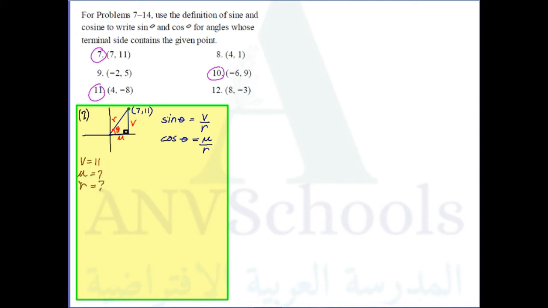We are going to use the Pythagorean formula: a squared plus b squared is equal to c squared. In this case, u squared plus v squared is equal to r squared. So r squared is equal to 11 squared plus 7 squared, which is 121 plus 49. So r squared is equal to 170, and r is equal to the square root of 170.